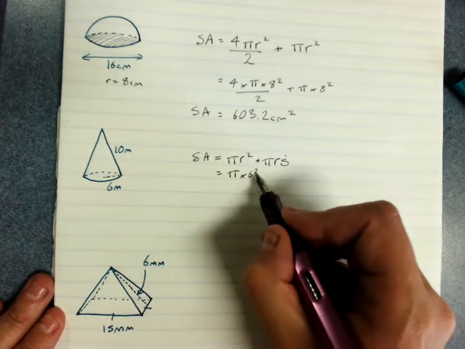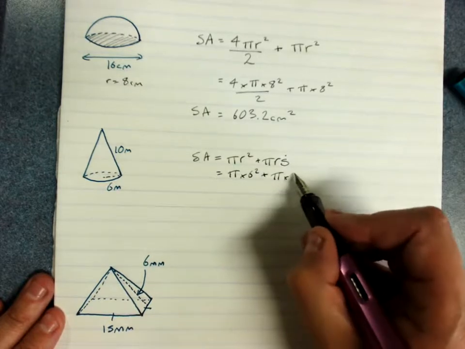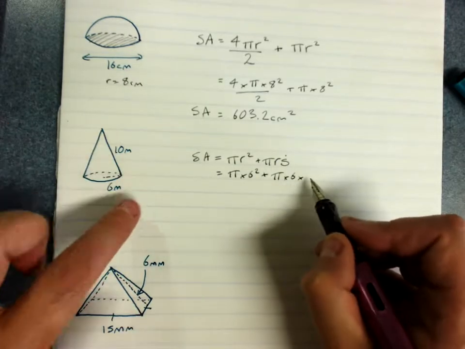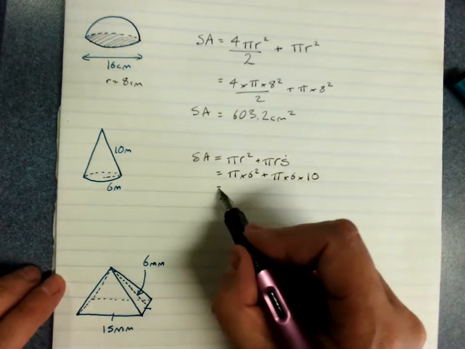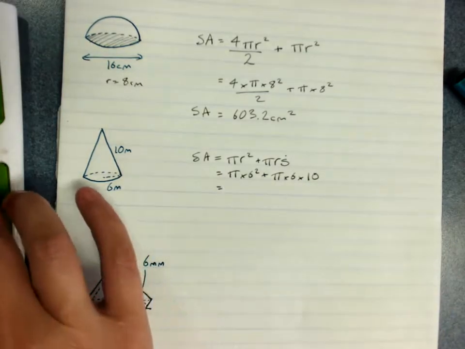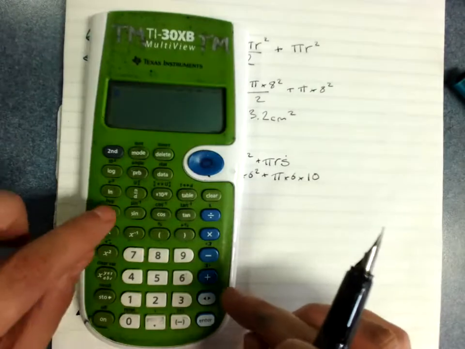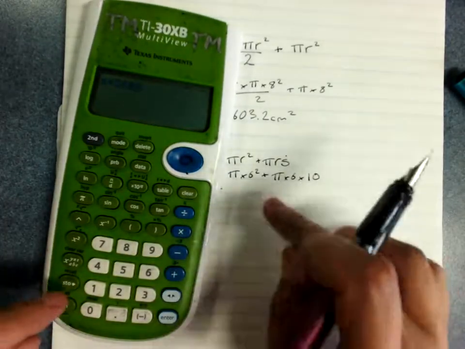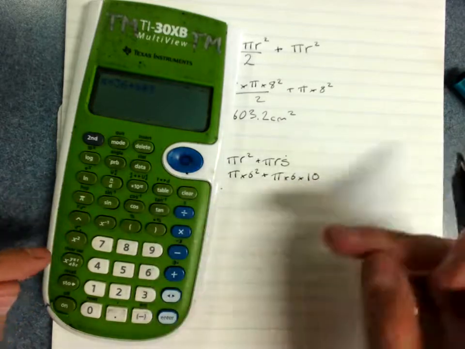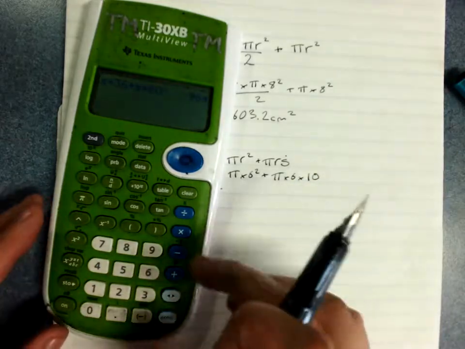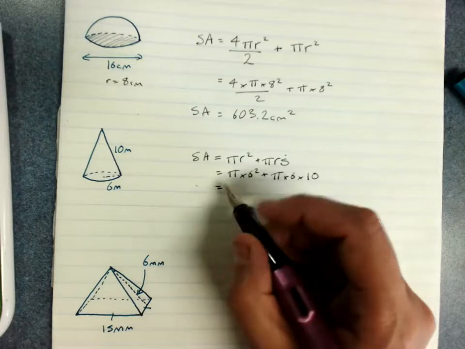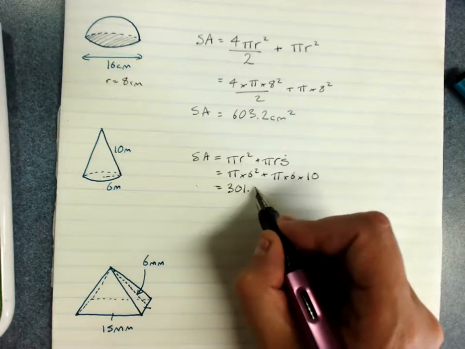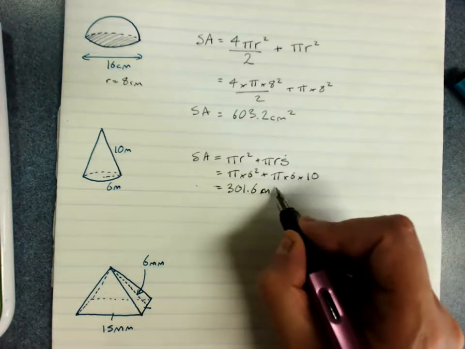Pi times 6 squared plus pi times 6 times that slant height of 10. And you can just type that in. Pi times 6 squared is 36, plus pi times 6 times 10 is 60. And I've got 301.6 meters squared.